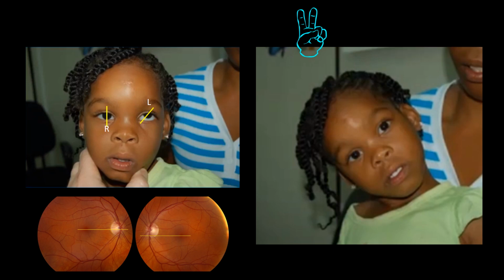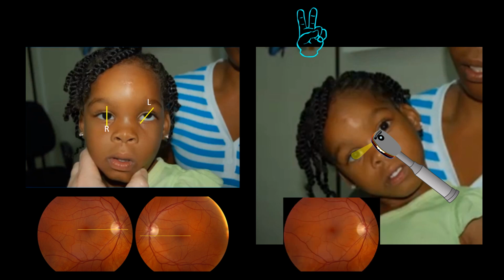And the second observation, which I will show you in a minute, is the correction of the fovea disc altitudinal relation with the head tilt. When fundoscopy is performed with the patient in the right tilt position, the relation between the disc and the fovea, which can be seen here, is normal in the right eye.